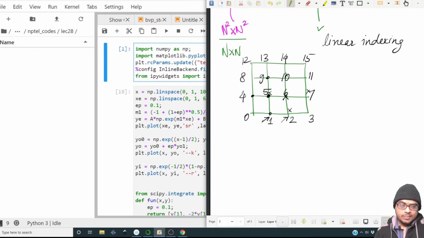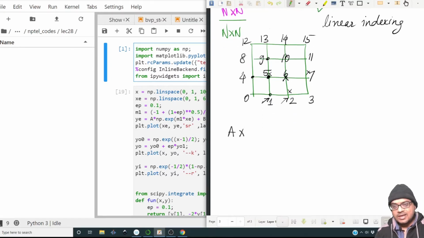So in the end, we will have A x equal to b, where x is the value of the variable. I'm calling it x, but essentially it's u. So u will be u0, u1, u2, all the way to u14, u15.